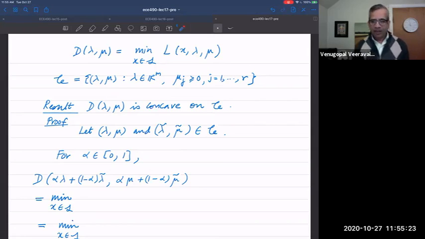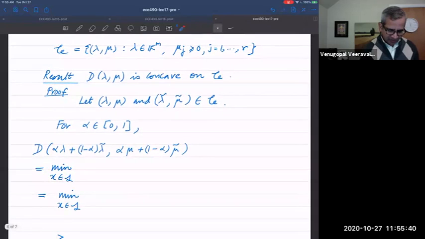And to prove that, what we need to do is just verify the definition of concavity in this case. So let's take alpha belonging to [0, 1], and let's look at a convex combination of (lambda, mu) and some (lambda tilde, mu tilde) that belong to this set.